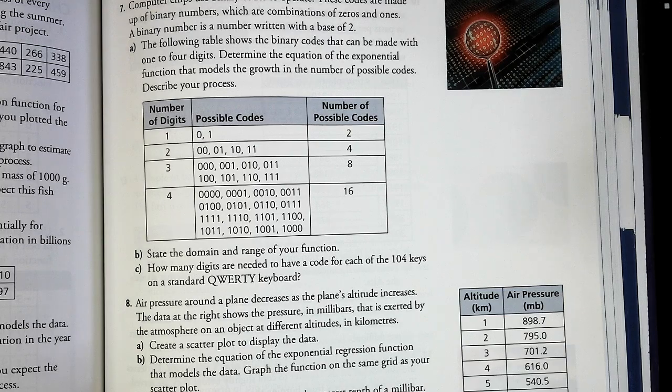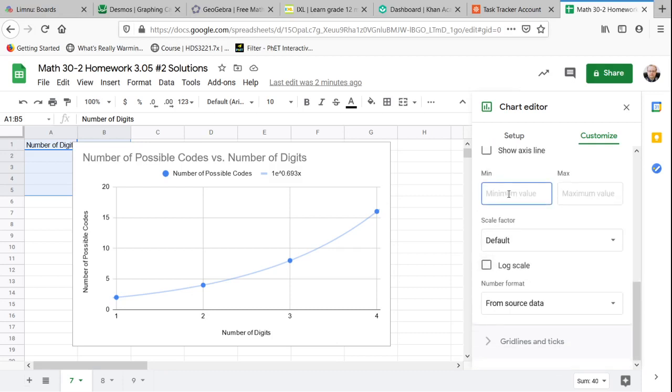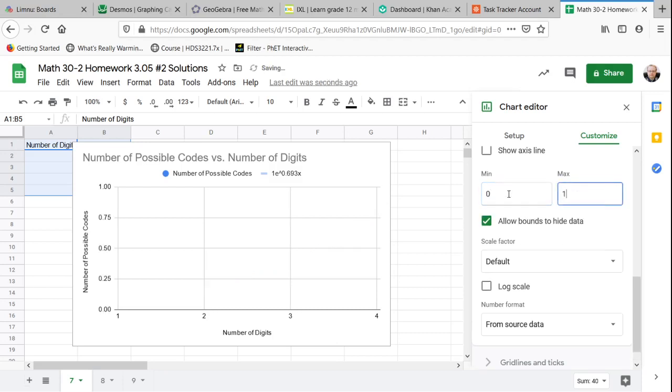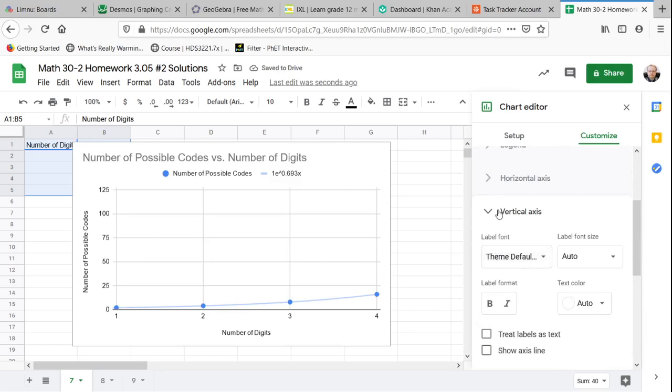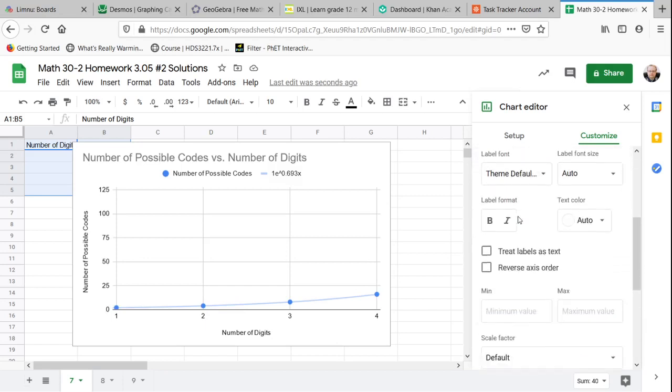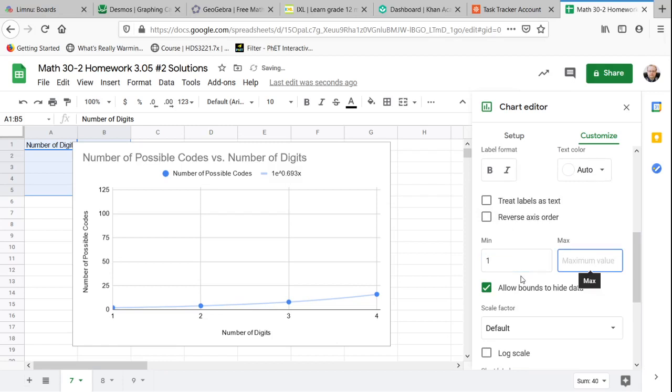We can determine that. We go back to our fit. We need to get up to y equals 104. So let's manually set our vertical axis to go up to 128, for example. And we'll manually set our horizontal axis to go from the minimum we're starting at.